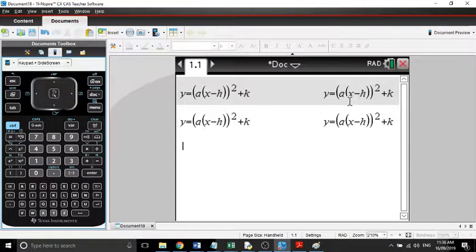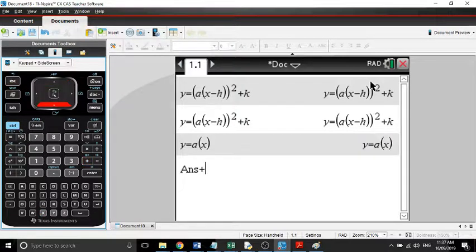So as a result of that, we're going to have y equals a(x plus 3) all squared minus 16.